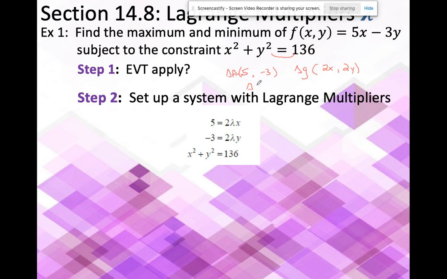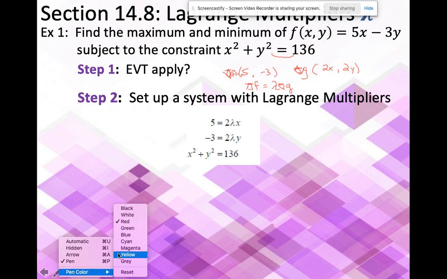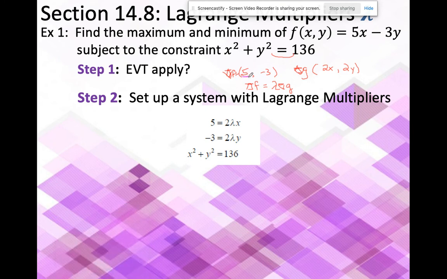Setting the Lagrange equation up. So 5 is equal to lambda 2x. Negative 3 is equal to lambda 2y. And then my constraint.